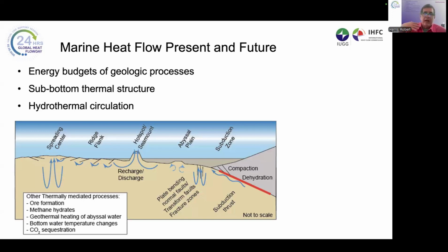And a lot of the previous heat flow studies were either targeting these plate cooling models or hydrothermal circulation at spreading centers and ridge flanks.